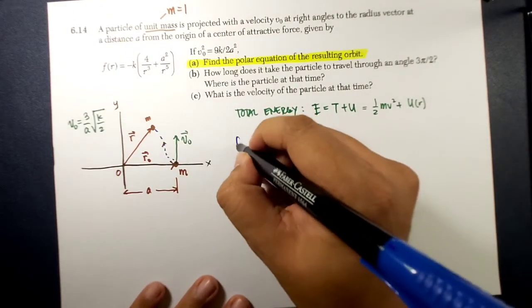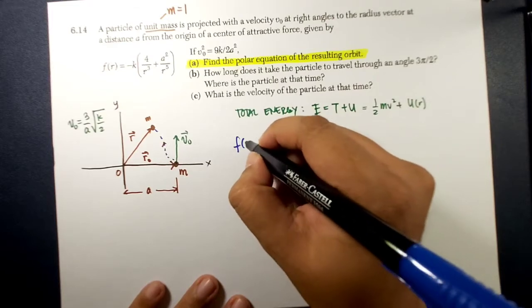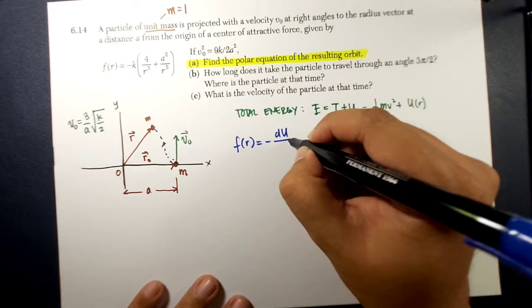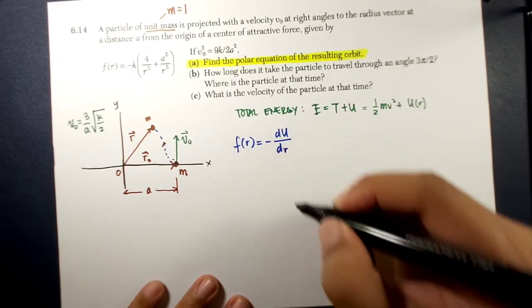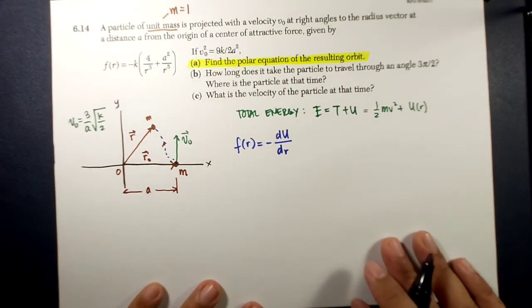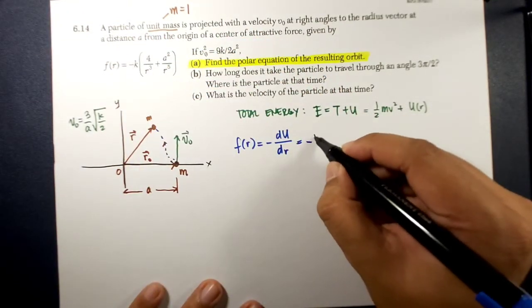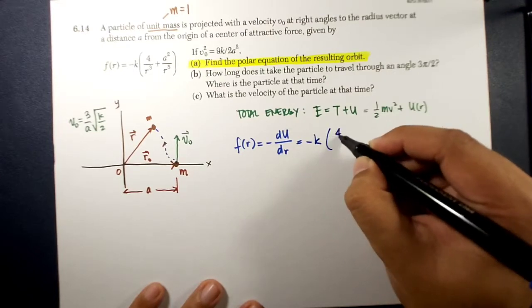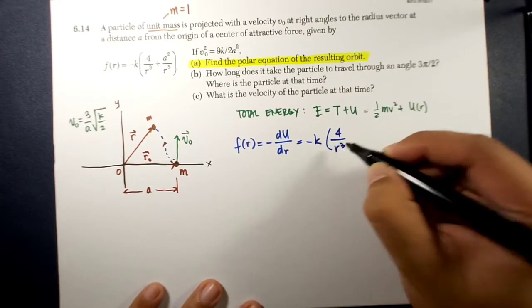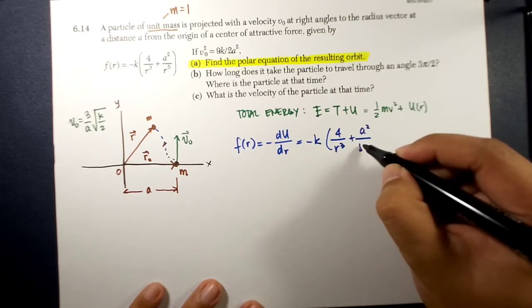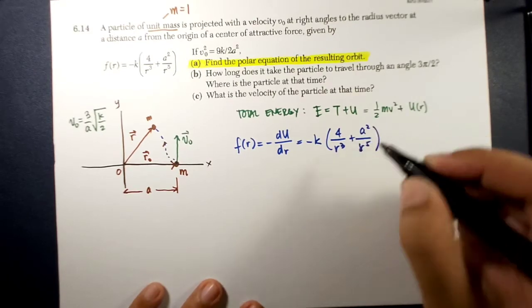We know that the force function is equal to negative derivative of U with respect to r, and this is equal to this. So this is negative k times 4 over r cubed plus a squared over r to the 5th.